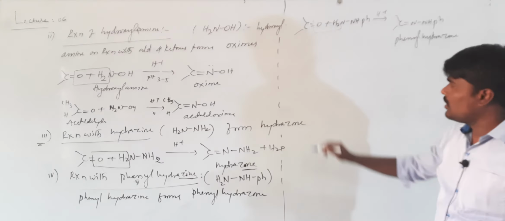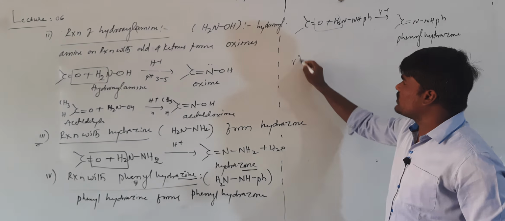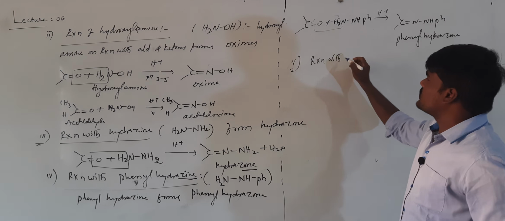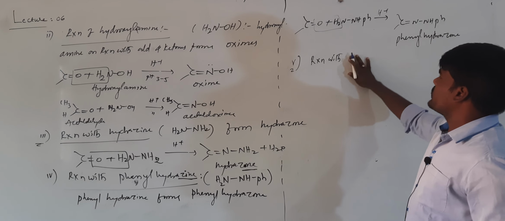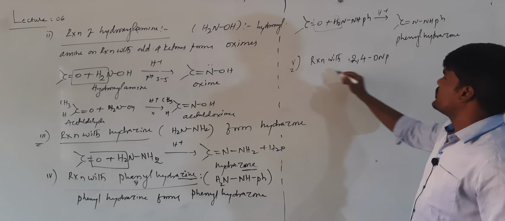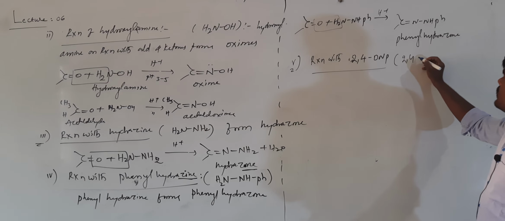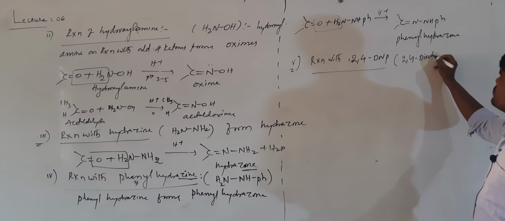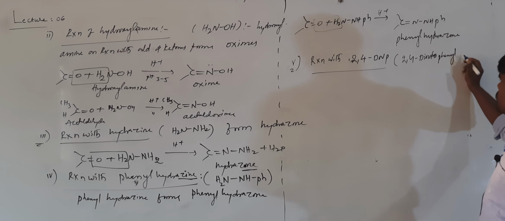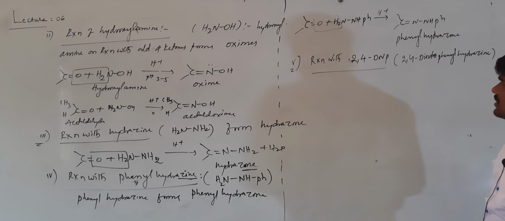Phenylhydrazone. And another reaction, the fourth one, is reaction with 2,4-DNP. What is this called? 2,4-DNP is nothing but 2,4-dinitrophenylhydrazine.